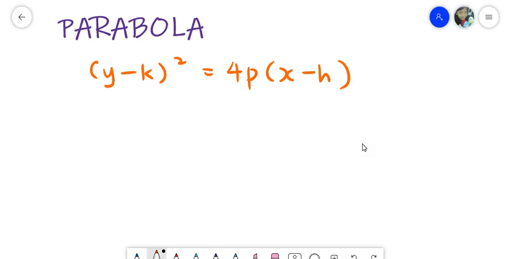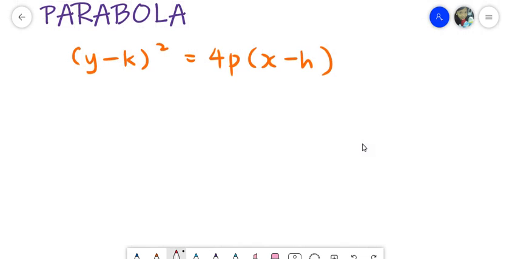From here, just to share with you, the vertex is (h, k). h here is the coordinate of x, k is the coordinate of y.